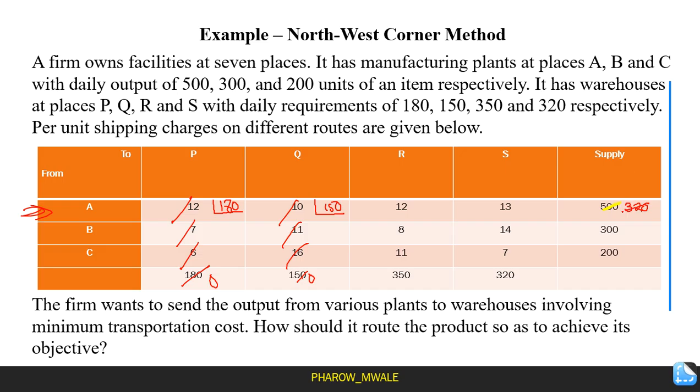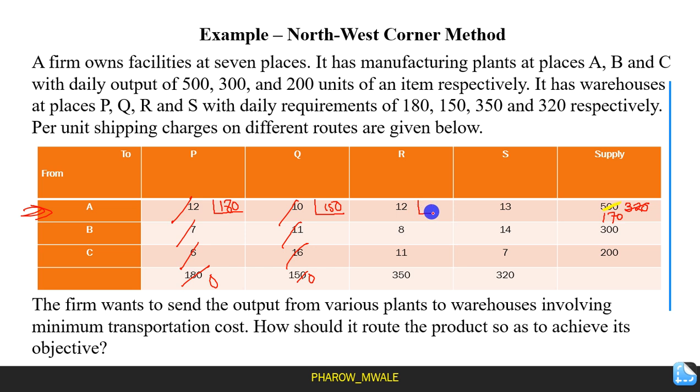What is 320 minus 150? 170. So this gives us 170 as our new figure. Now we move to the next cell, AR.